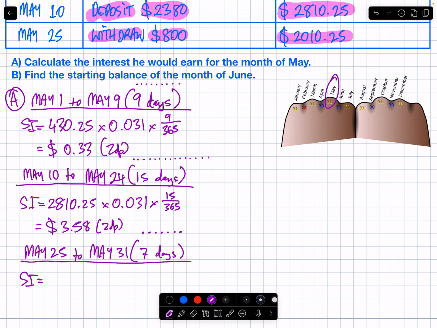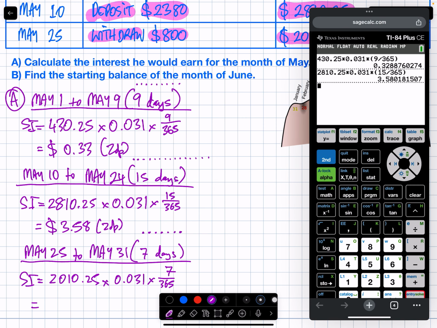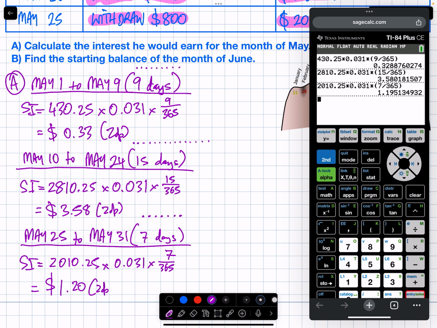SI equals, the balance went down to $2010.25 times 0.031 times by 7 days over 365. 2010.25 times by 0.031 times by 7 over 365, $1.20, rounded to 2 decimal points.